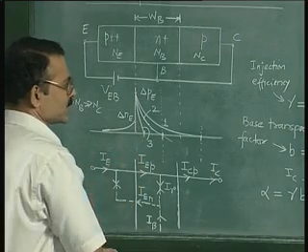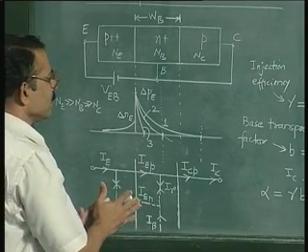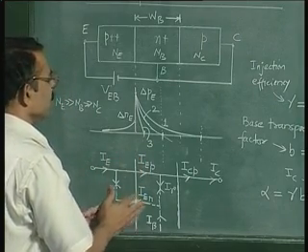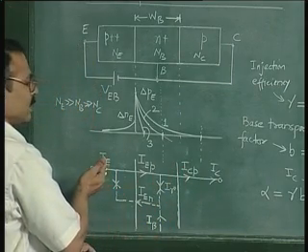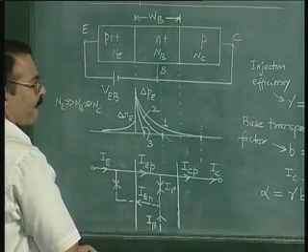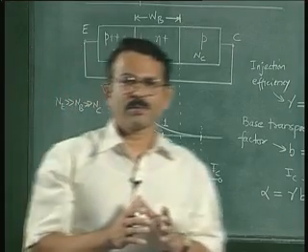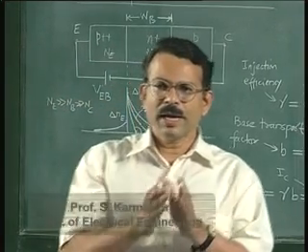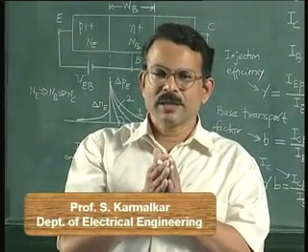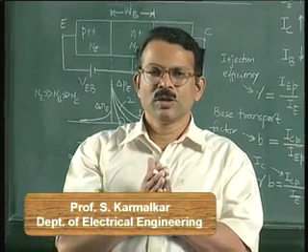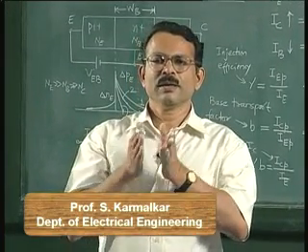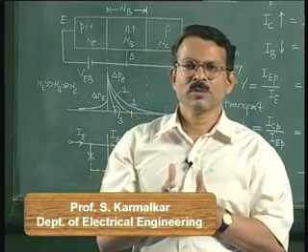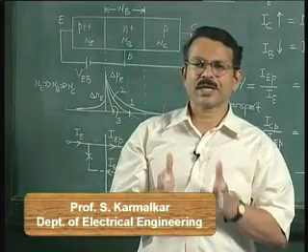Under these two conditions, the collector will collect almost the entire emitter current. Now this transfer of current from a forward biased emitter junction to a zero biased collector junction is the transistor action. Okay, this is called the transistor action.